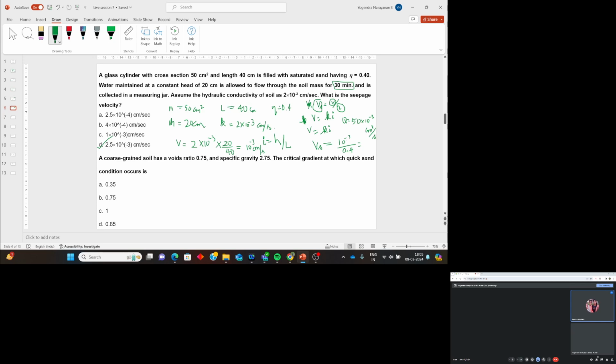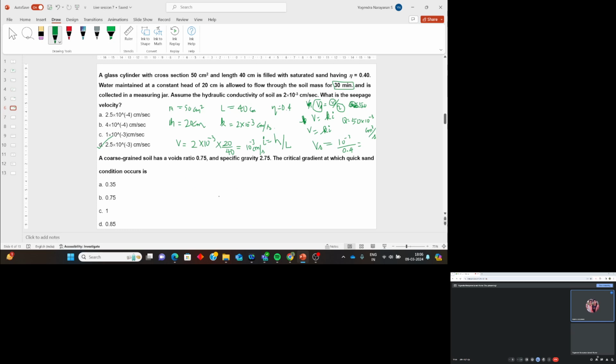How much are you getting? 90,000. Not centimeter cube per second. Now you are multiplying with time, so it will be centimeter cube only. That is total volume will be 90 centimeter cube. The seconds cancel.